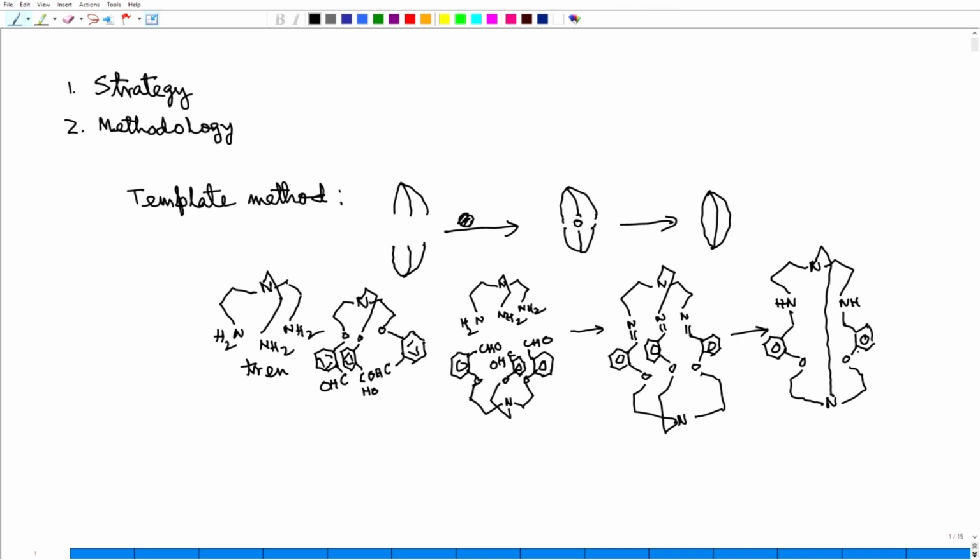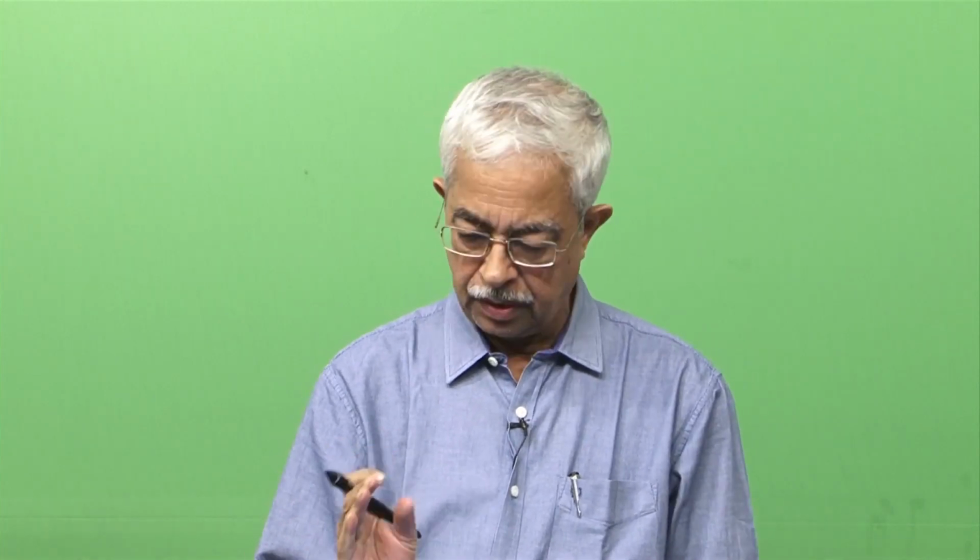For 2 years we struggled. Usually when people take a template, they take transition metal ions. We used to take all first row transition metal ions, second row transition metal ions and try this reaction, and this reaction never got success.